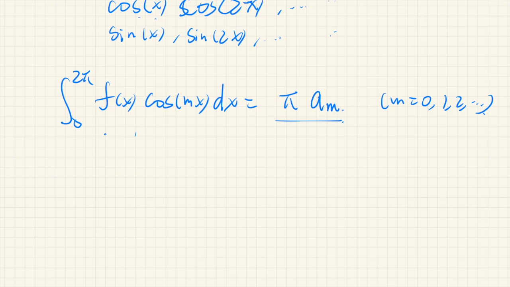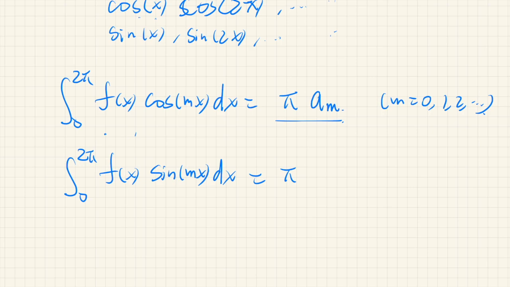We do the same thing by multiplying both sides by sine mx, and then we have pi times bm for m equal to 1, 2, 3, and so on.